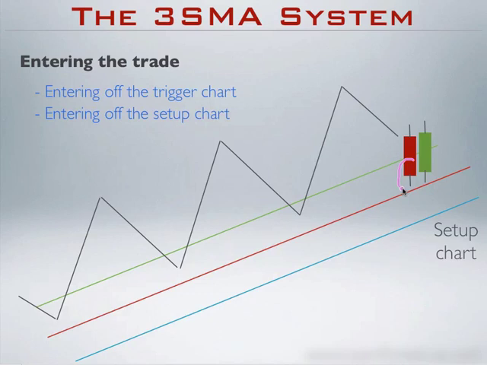Ideally, you want price to come within the dynamic area, maybe get a close or two, meaning one or two candles to close there, and then right away a candle eventually closing above the 30 simple moving average.